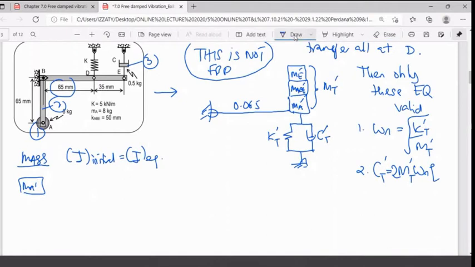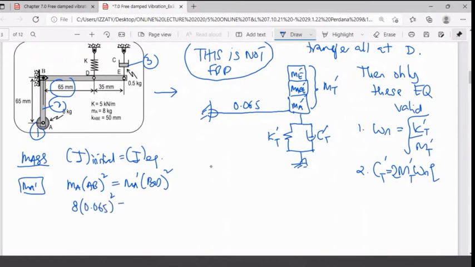Put it here. Okay, this is MA, correct? MA multiplied by AB power of 2 is equal to the MA. It's no longer MA, it becomes MA prime. Then you move here as BD power of 2. And you put the numbers, then you understand, given MA as 8, the distance from A to B is 0.065.